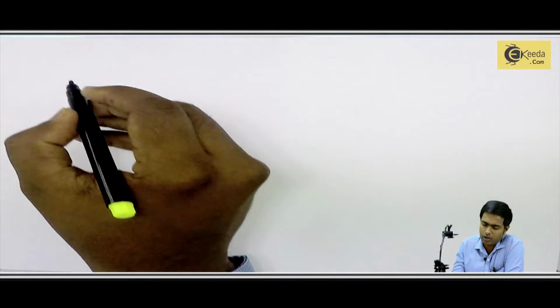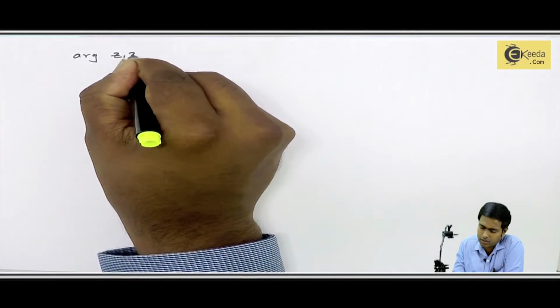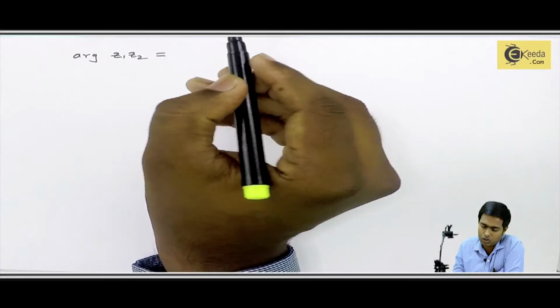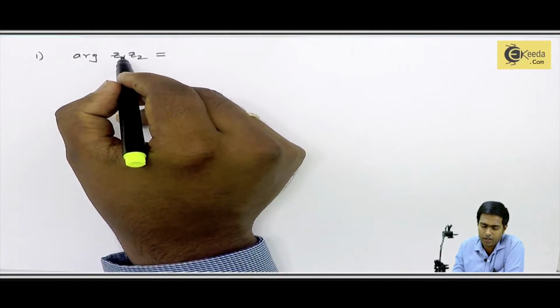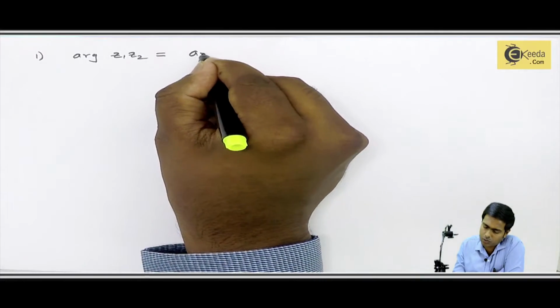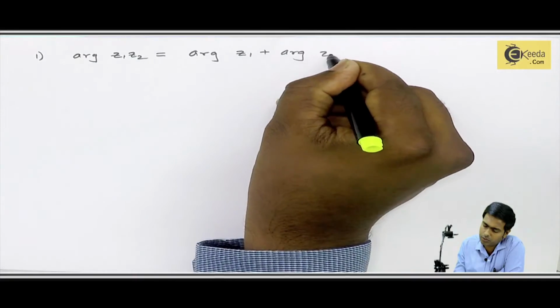Before starting examples based on that concept, we will see one more formula which is based on the previous result. So here we will see how this result is derived. The result is: argument of z1 into z2 is equal to argument of z1 plus argument of z2.